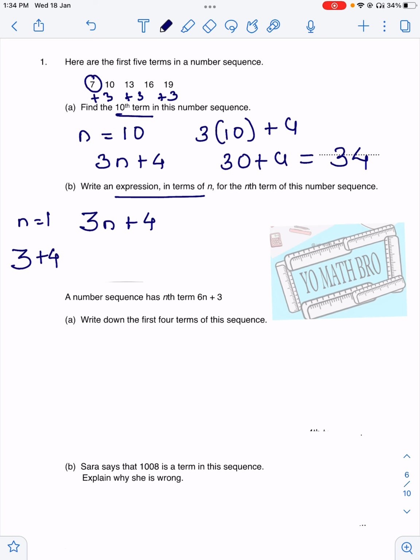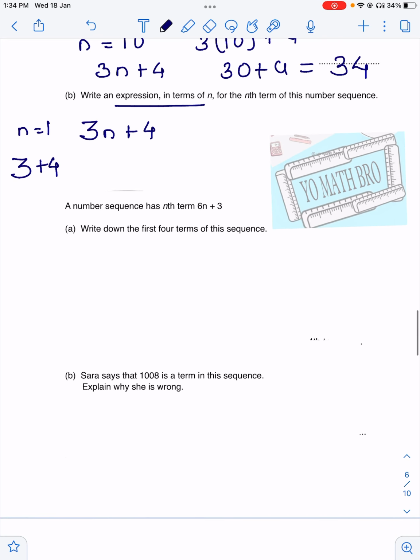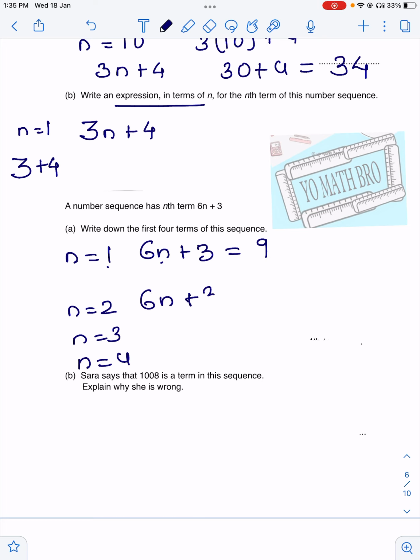Okay. Next question. A number sequence has nth term as 6n plus 3. So they have already given us the term. They are asking us to write the first 4 terms. First 4 terms means you will substitute n as 1, n as 2, n as 3 and n as 4 using the formula 6n plus 3. 6 ones are 6 plus 3, 9. 6 twos are 12 plus 3 gives me 15.